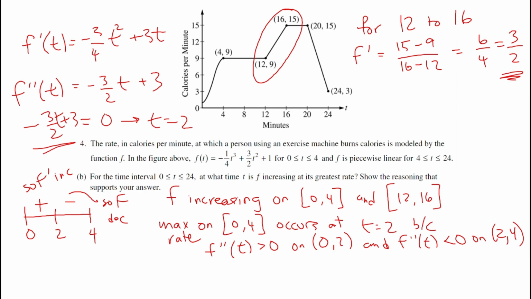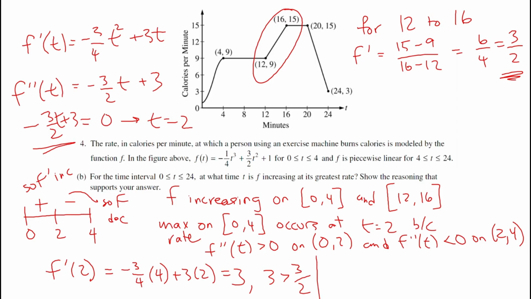So at 2, we'll just find what f prime is at 2. F prime of 2 is equal to negative 3/4 of 2 squared, so negative 3/4 of 4, plus 3 times 2. Well, that's negative 3 plus 6, which is 3. And 3 is greater than 3/2, so it is increasing.